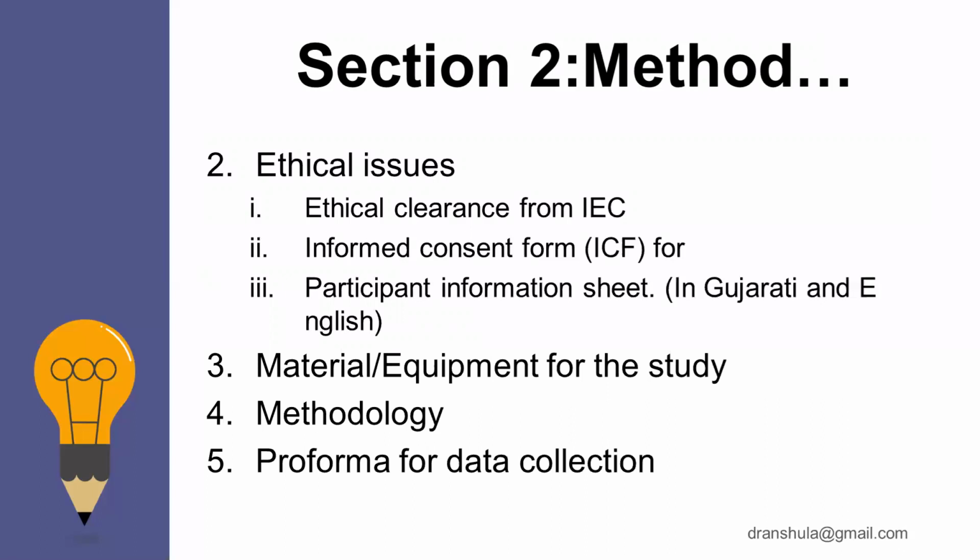The fifth section is the pro forma for data collection, which should be planned in such a way that it is numbered so that you can transfer this data into the Excel sheet. Statistical methods should be discussed with the statistician beforehand, and the purpose of your inferential statistics should be mentioned very clearly as well.